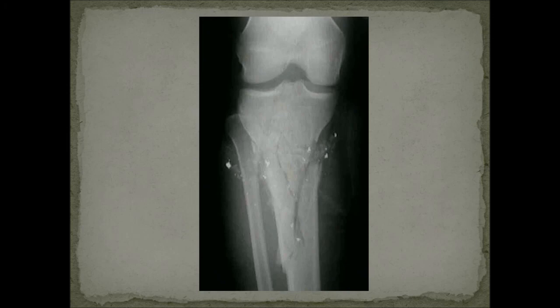There are several clues. First of all, it's broken into a lot of different pieces. Do you see that? It's broken here, here. There's all kinds of bits and pieces here. It's broken here. The thing is shattered. And the other weird thing is the fibula, this tiny little bone on the side, is not broken at all.